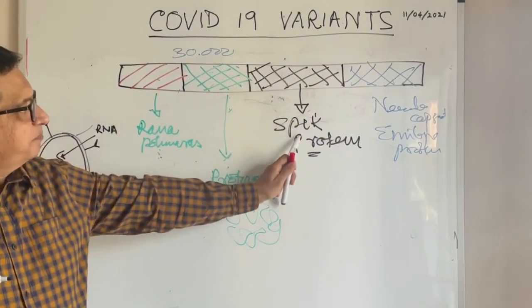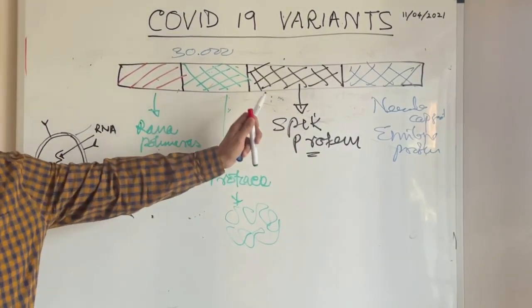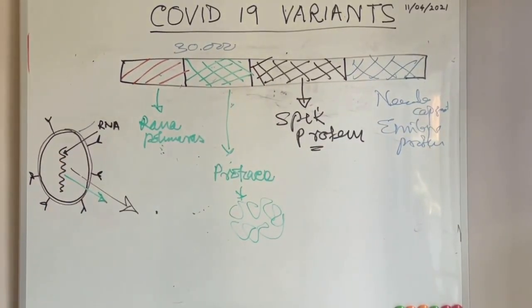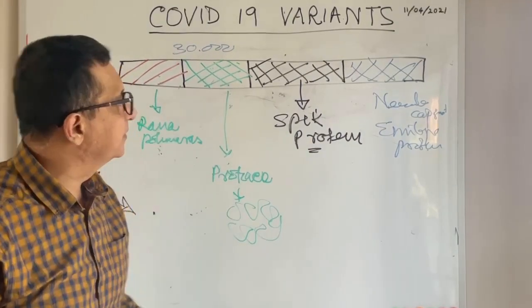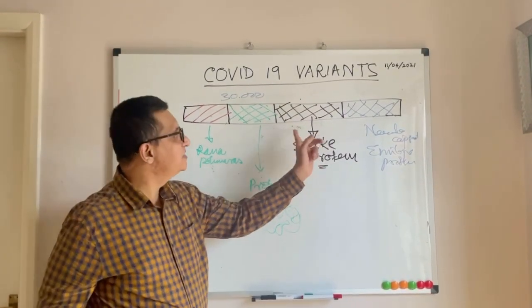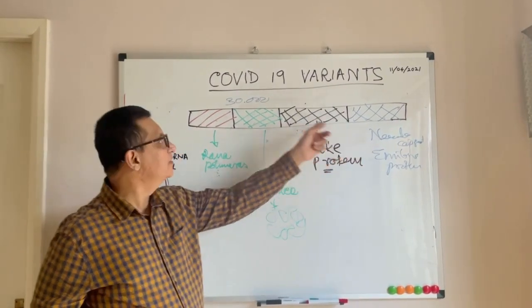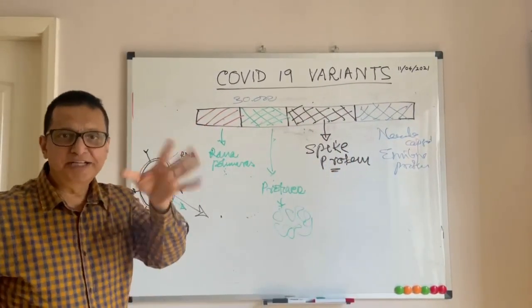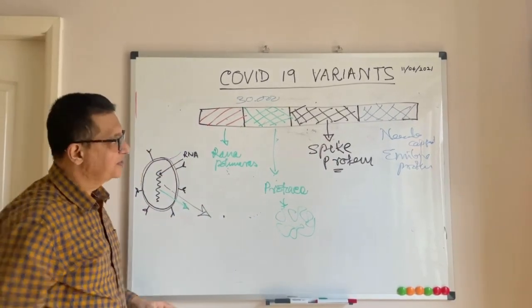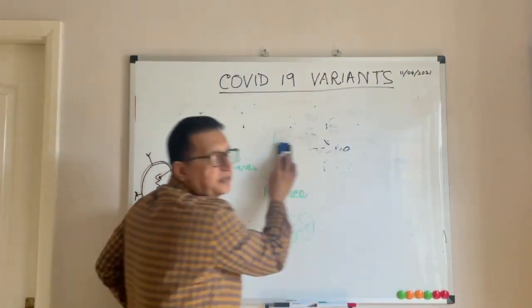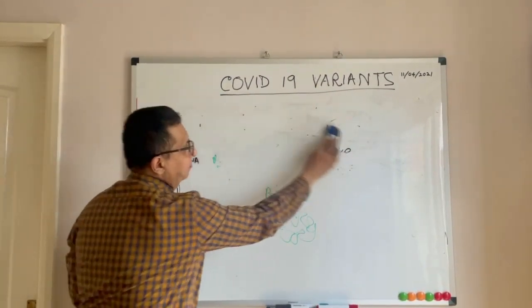This is the third part which we are going to discuss, and this is the part which is responsible for the spike protein mutation. Now, we are going to analyze this spike protein gene of the COVID-19 genome in view of its mutations, and discuss the prominent variants all over the globe.